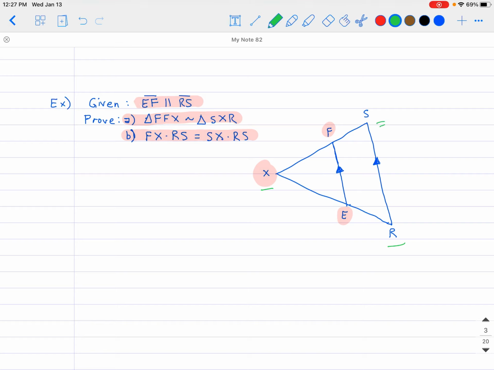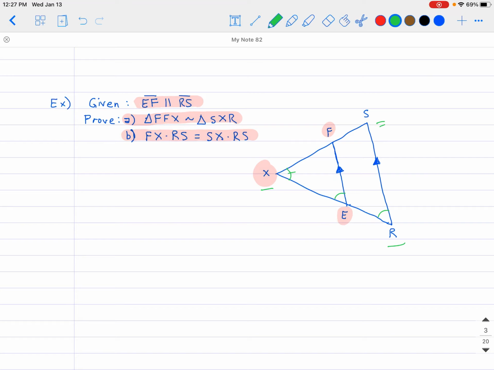Note that both triangles share this angle, which is angle X. Then if I can somehow show that this angle is going to be congruent to this angle, I think we're pretty much done, because then we can use the AA similarity. And I think they are going to be congruent to each other because of PCA. The sides are parallel, so therefore their corresponding angles are going to be congruent to each other.